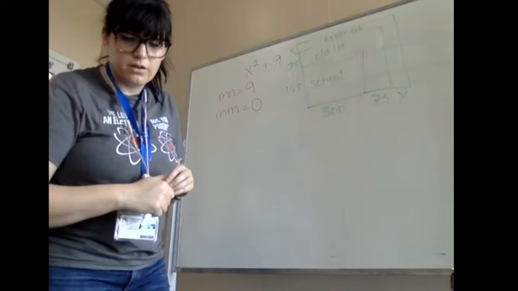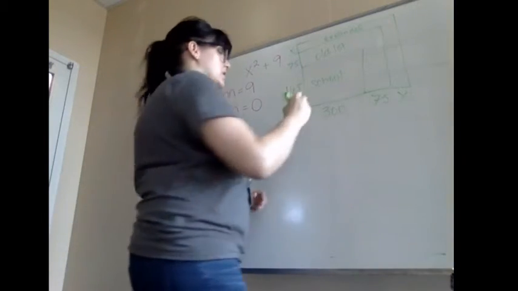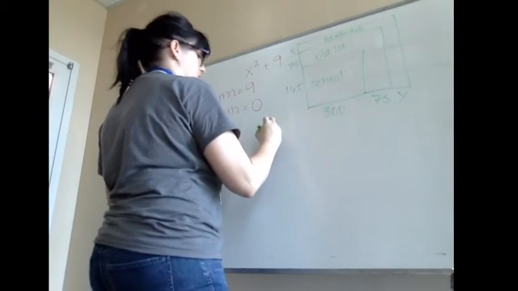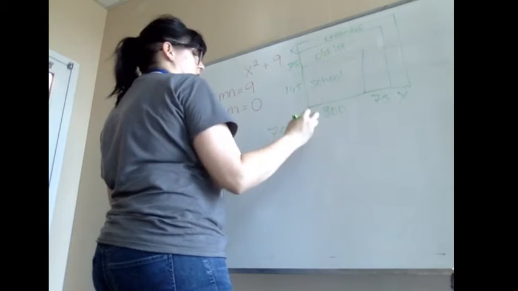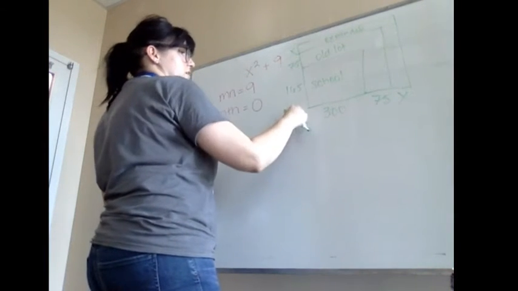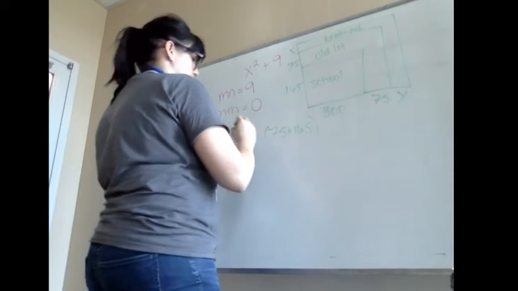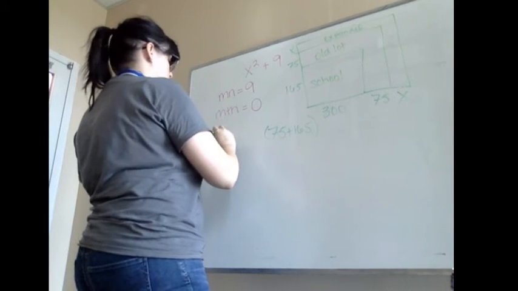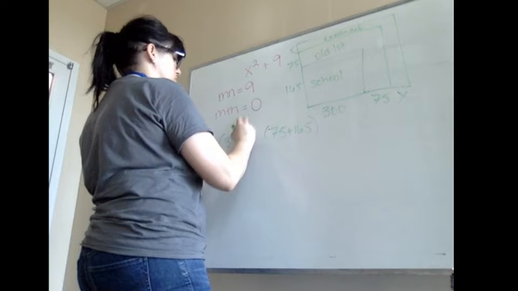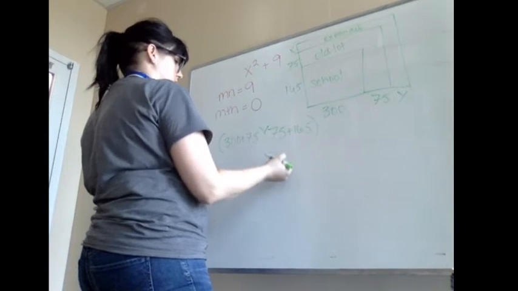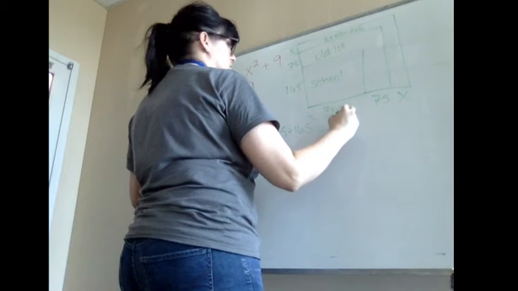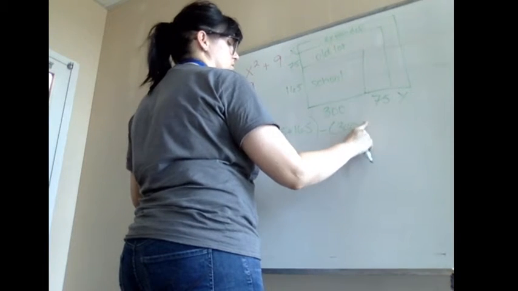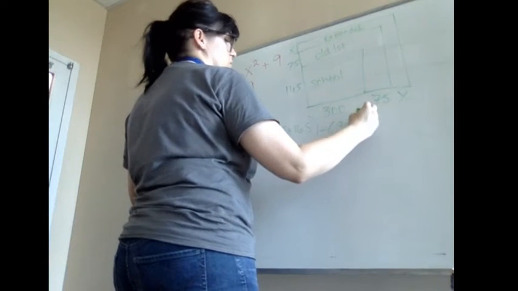Oh, it wants to double it. Okay. So if the old lot is 75 plus 165, that's how long this side is, times 300 plus 75, minus 300 times 165.